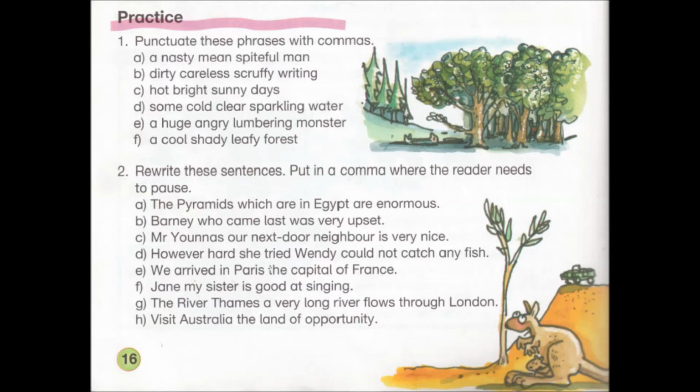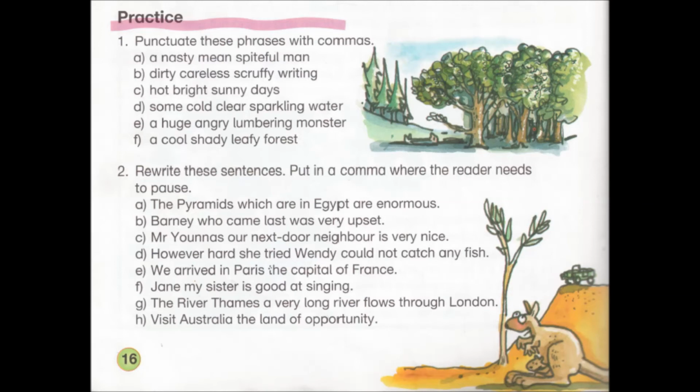Okay? The second section, rewrite these sentences. Put a comma where the reader needs to pause. The pyramids which are in Egypt are enormous. So that is very much like the shark with its, excuse me, I'm choking, with its black back and white stomach, has a terrible bite.